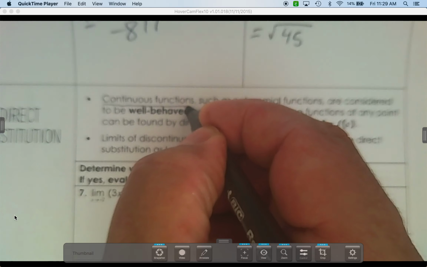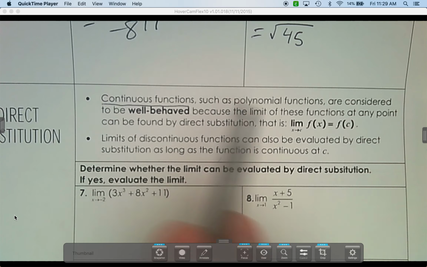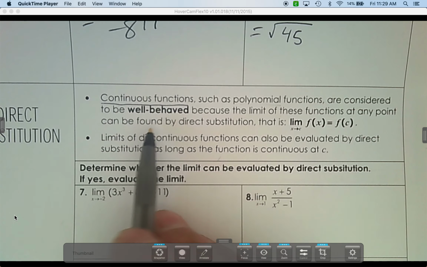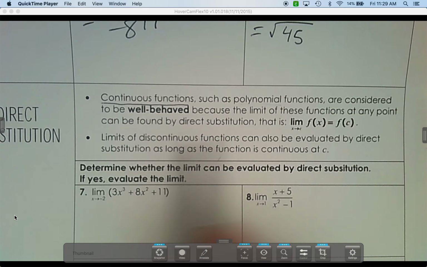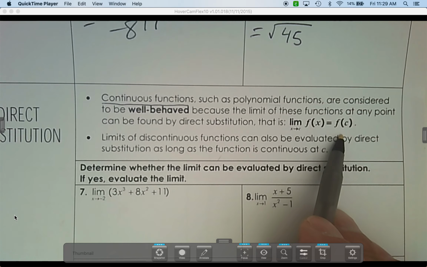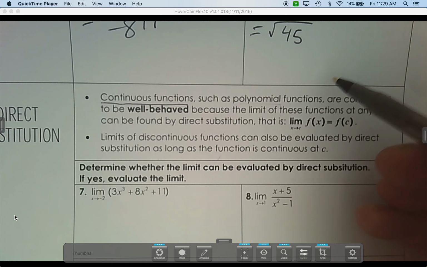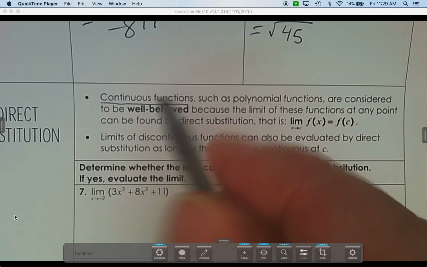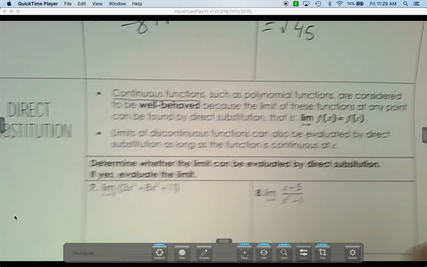Continuous means that there's no breaks, no jumps, no asymptotes. So polynomials are continuous. And to be well behaved because the limit of these functions at any point can be found by direct substitution. That means the value of a function and what it's approaching are the same. That is a definition of continuity.